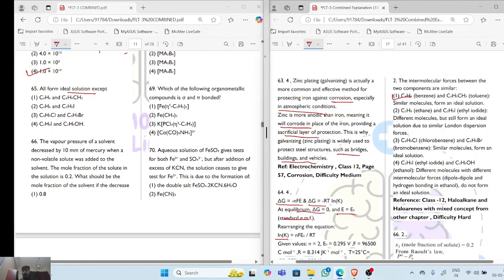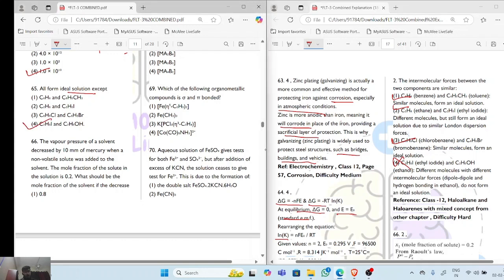Then ethane and ethyl chloride, different molecules but still form an ideal solution due to similar London dispersion forces. Then chlorobenzene and bromobenzene, similar molecules, form an ideal solution. And option number 4, ethyl iodide and ethanol, different molecules with different intermolecular forces, which is dipole-dipole and hydrogen bonding in ethanol, do not form an ideal solution. So option number 4 is our correct answer.